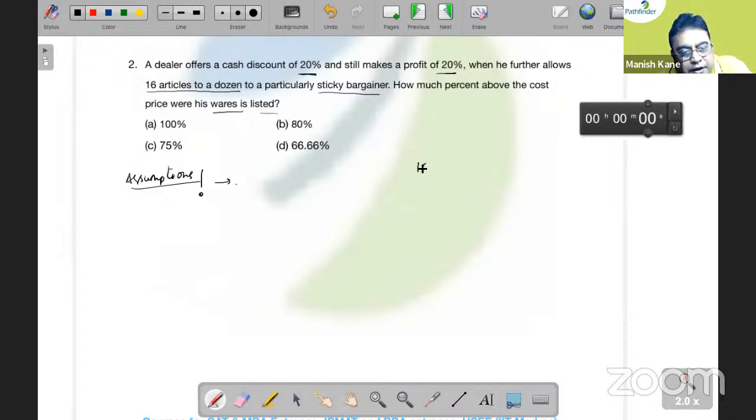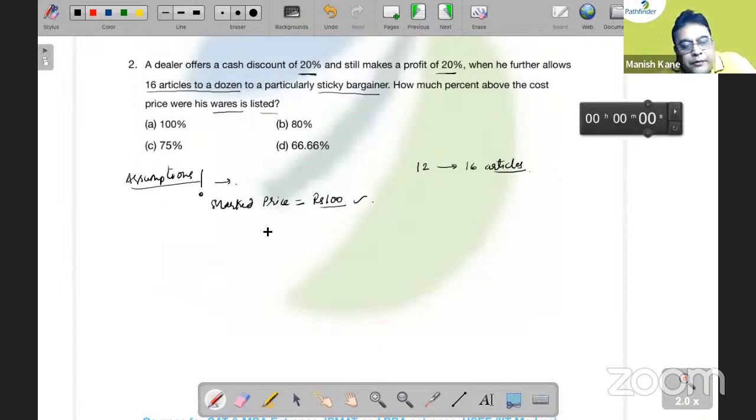So what is he doing? He's charging for 12 and giving away 16 articles. This is the first thing that you should notice in this question. Now assume, and this is how I would think this question through, assume that the marked price of each article is rupees 100.